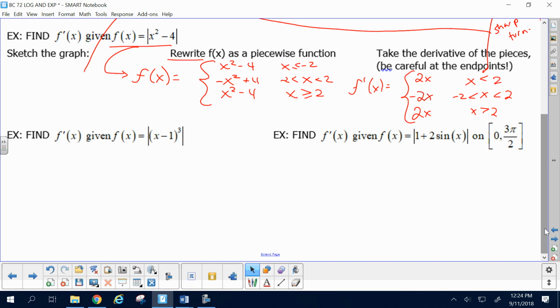Negative 3 times x plus. I don't know that for sure, but based off my graphical skills. Well, you can just do this. Take the derivative of 1 from the left.